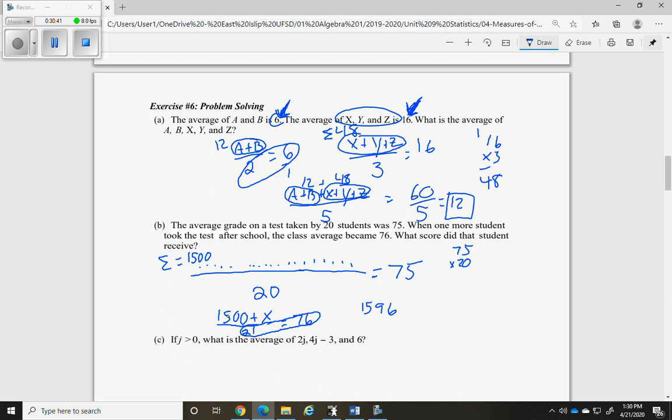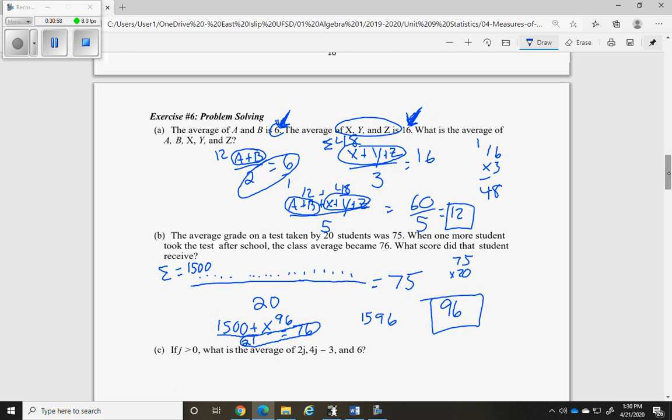So we had 1,500, and now it became 1,596. That must mean that this one kid got a 96. So that one student received a 96. He needed that high score in order to raise the average by 1 point.